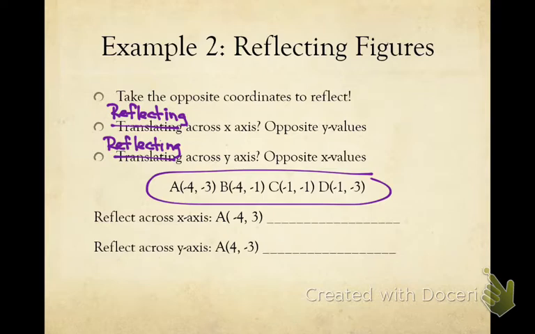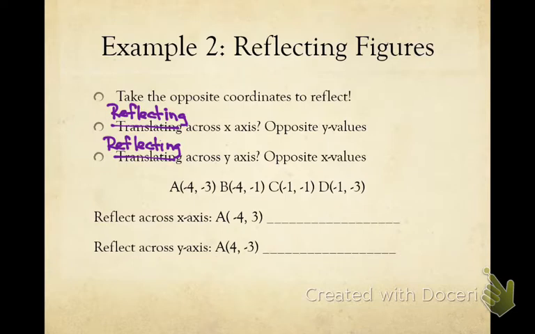I reflect it across the x-axis by taking the opposite y value, so if the y value was negative, now it's positive, so I'm crossing over the x-axis. That's why you see that point A was -4, -3, and now I change it to -4, +3. I'm reflecting across the x-axis, so I take the opposite y value.